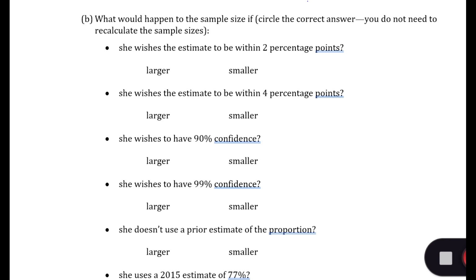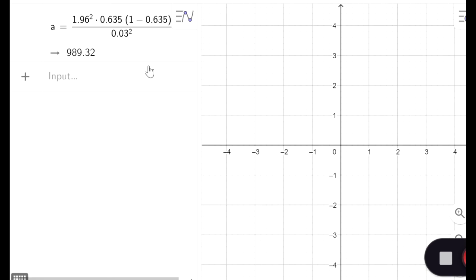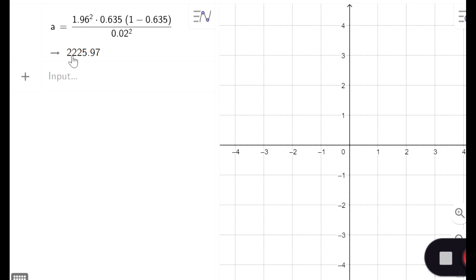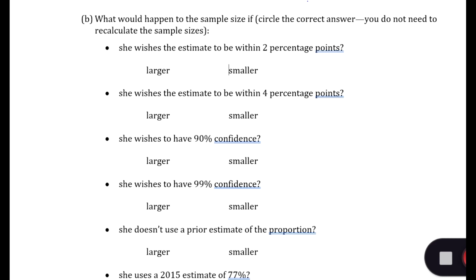She wishes to estimate to be within 2 percentage points. So instead of 0.03, I would have 0.02, and I push enter, and I get 2,225.97 people. As you can see, it got larger.